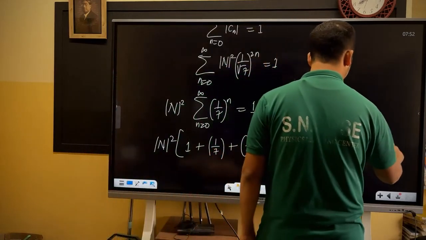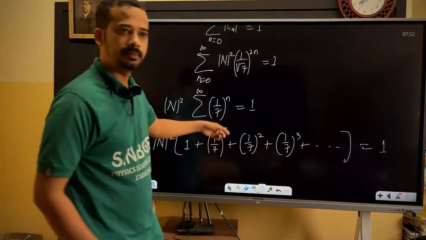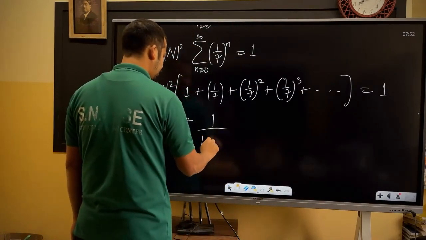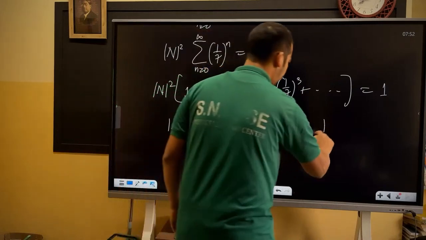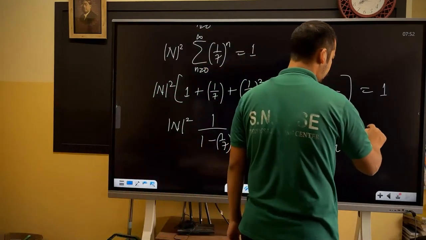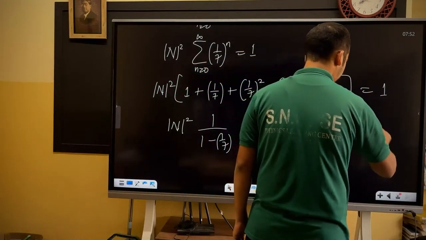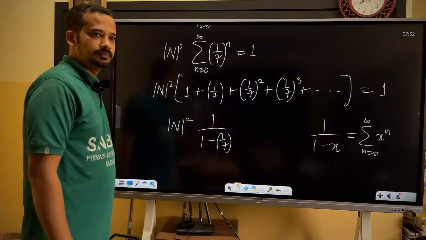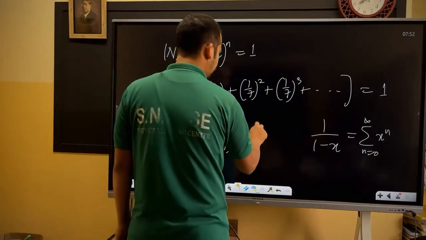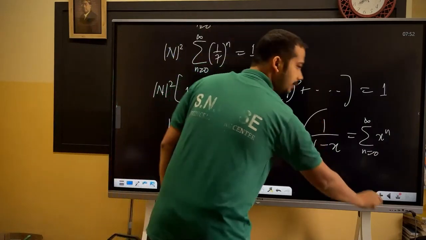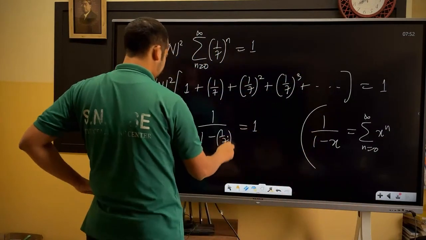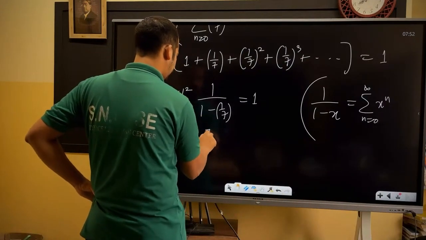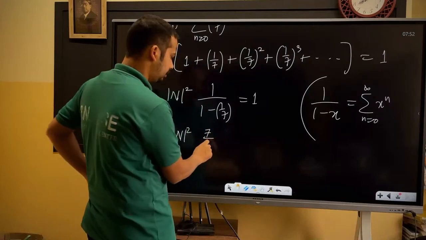Can you recall the binomial expansion? It is 1 by 1 minus 1 by 7, that is 1 by 1 minus x, am I right? This was summation over n equal to 0 to infinity x power n: 1 plus x plus x square and all. The right hand side is 1. Fine. That's a binomial expansion. So mod n square, what is here? 7 by 6.